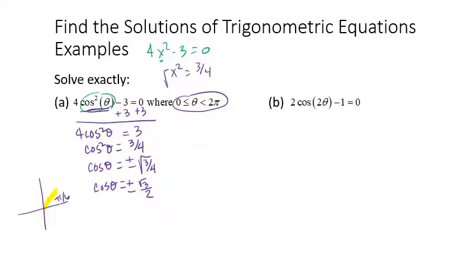So we've got pi/6. Pi minus pi/6 is where it's going to equal negative root 3/2, which gives us 5 pi/6. Pi plus pi/6, which is 7 pi/6.